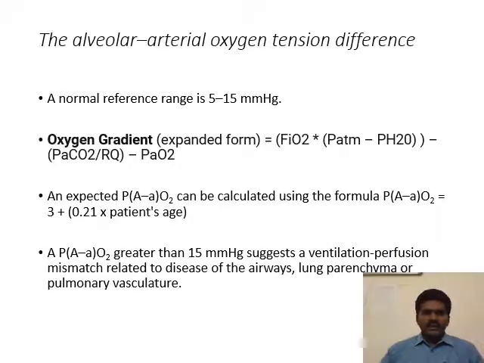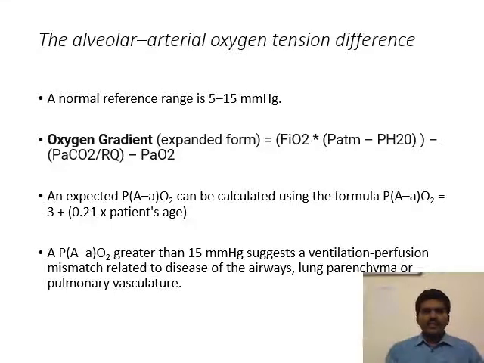Then you can calculate the alveolar-arterial oxygen tension difference. Normal range is 5 to 15 millimeters of mercury. The oxygen gradient can be calculated using FiO2. If you're breathing room air, the FiO2 is 21% or 0.21. For every 1 liter of supplemental oxygen, FiO2 rises by 4% or 0.04.